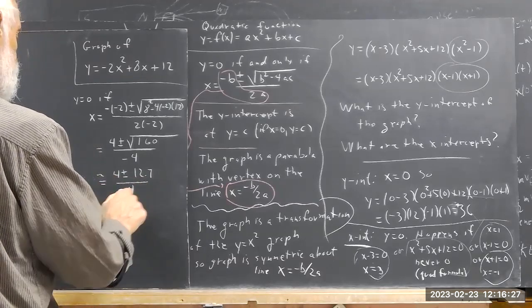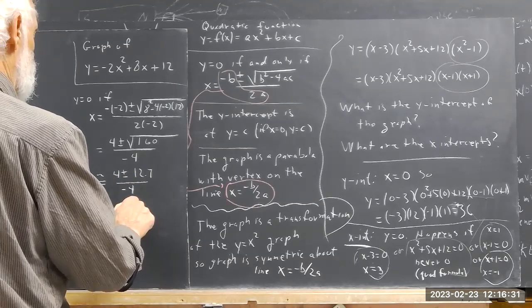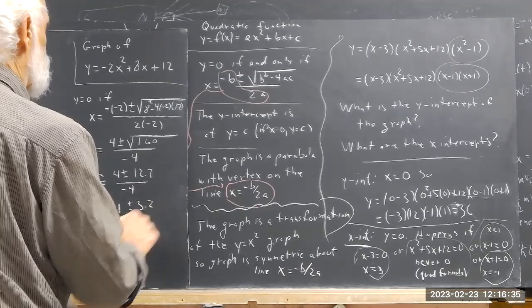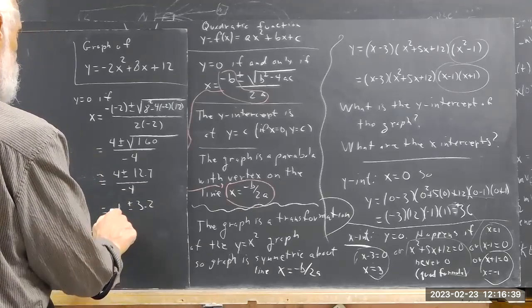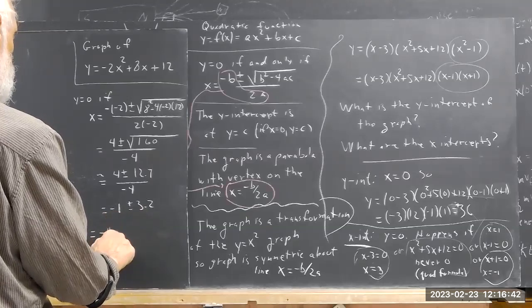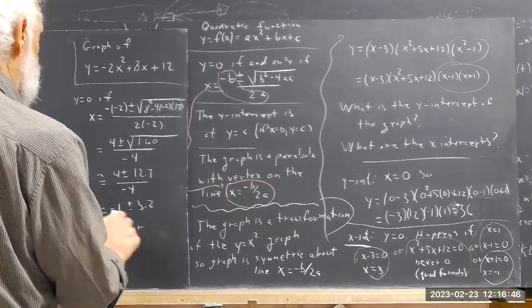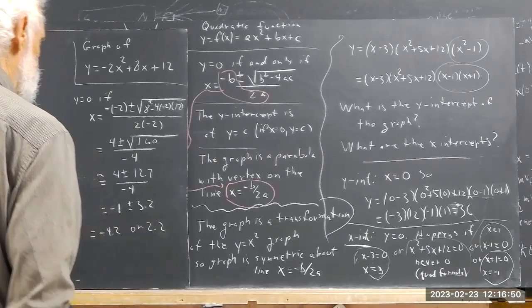approximately, over -4, which would be like -1 plus or minus 3.2, which would then give you -1 minus 3.2, -4.2, or -1 plus 3.2, 2.2.